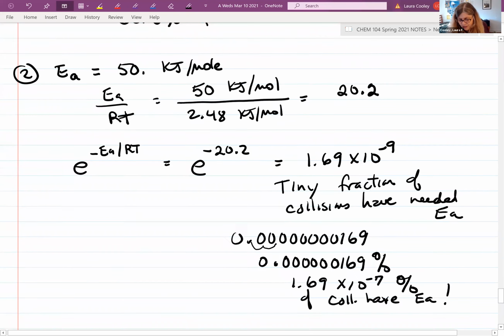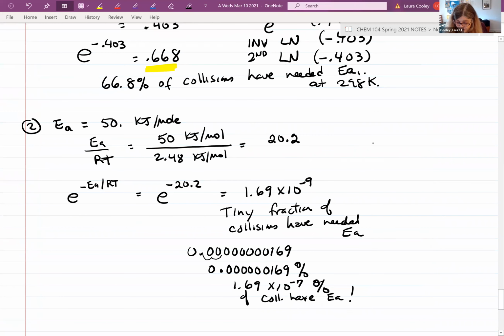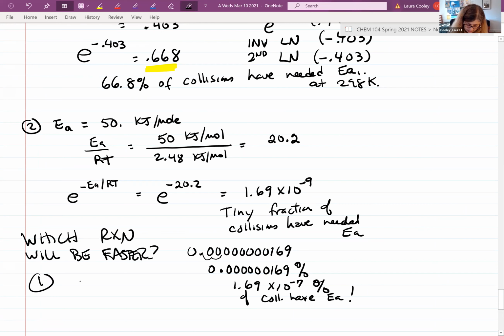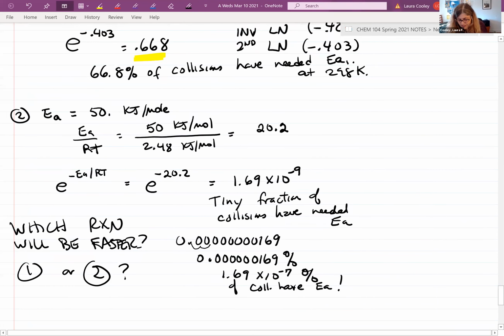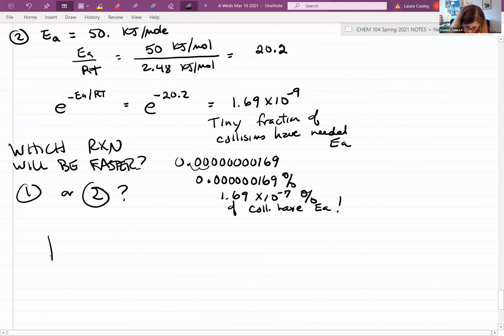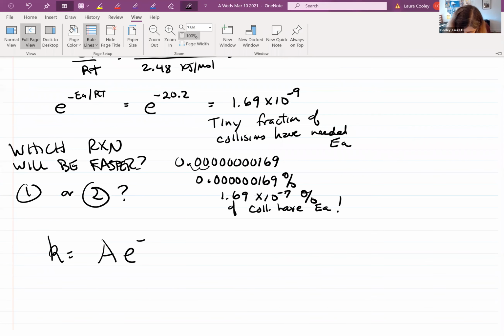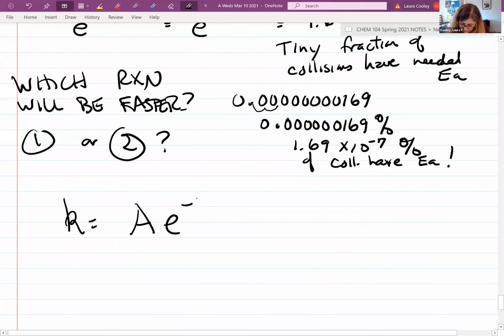So if I was to ask you, all other things being equal, which reaction is going to be faster? So remember the rate constant. In one case, this was 0.668.